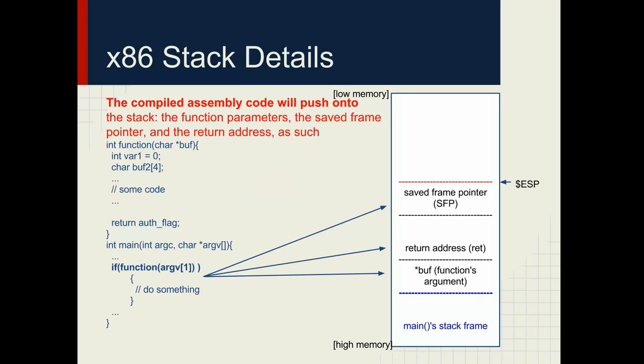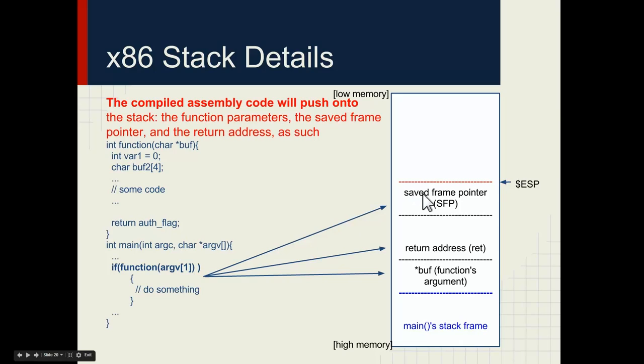And the first thing it's going to push, from right to left, is going to be the function's argument. So it's going to be a pointer to buff. Then it's going to push the return address so that when it returns, it comes back to evaluating the return value from the function in this if statement.